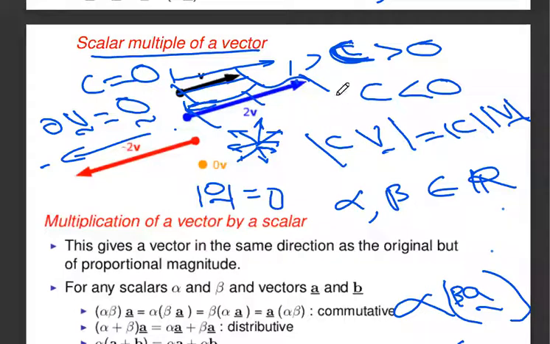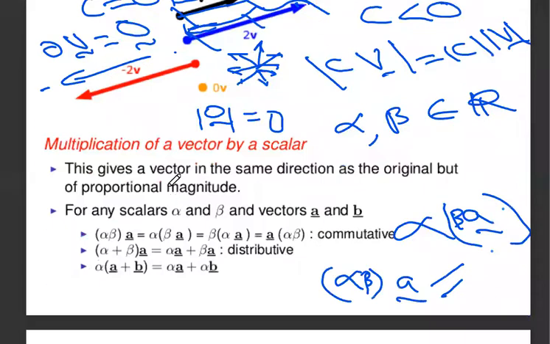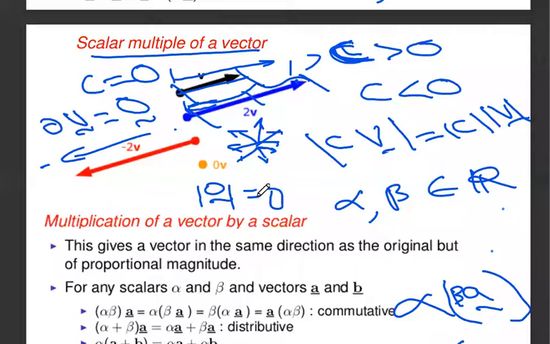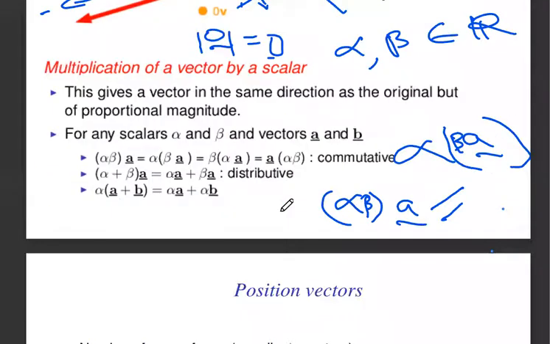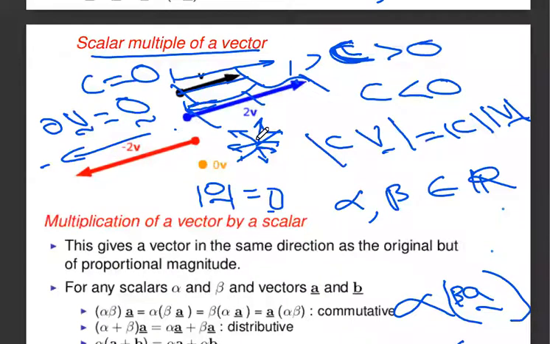If it is less than -1, the resultant vector is stretching. If the scalar is 0, you get the 0 vector. We cannot define a direction for it.